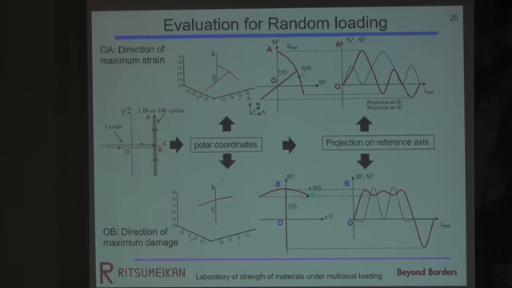So we use these two types of reference axis, and project the loading path. After that, we use cycle counting by the rainflow method and evaluate the failure life.